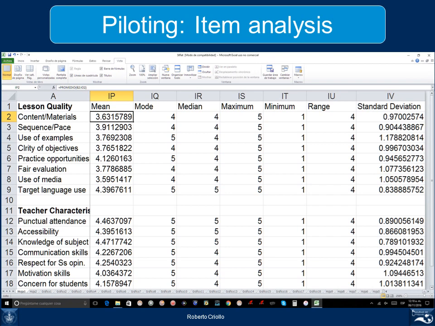So if I were to make decisions about these teachers, what would I do? Well, basically I think if there are some decisions to be made in this case, it would be to train the teachers in the use of media. It seems to me that they need in this case some specific training in the use of tools, so that they can make their lessons more attractive, more interactive for students.